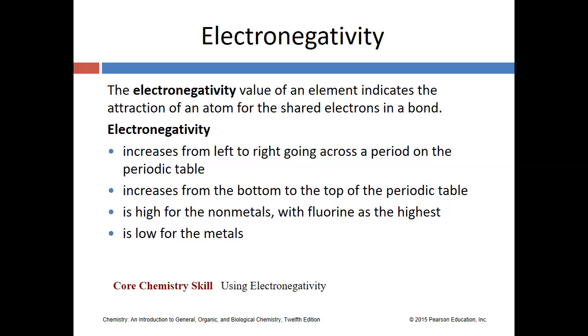And the reason it increases is because the elements on this side of the table are far more likely to form negative ions than the ones on this side of the table. So if negative is your natural state, you're going to have a general want toward having extra electrons around you.